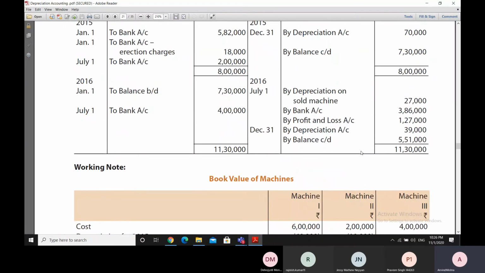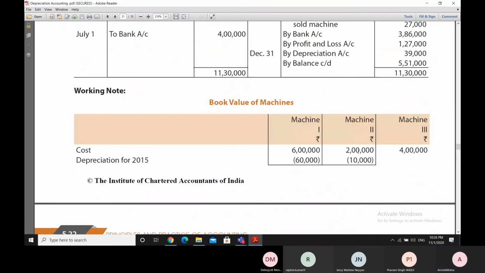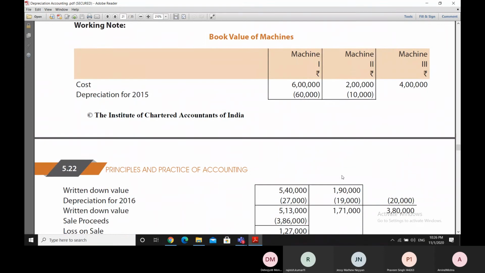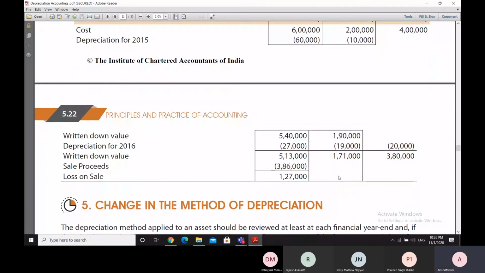Now, having sold this machine, we are saying that out of 5,40,000, 27,000 we have given depreciation. The remaining WDV is 5,13,000, and we have sold this for 3,86,000 rupees. So there is a profit of 1,27,000 rupees.